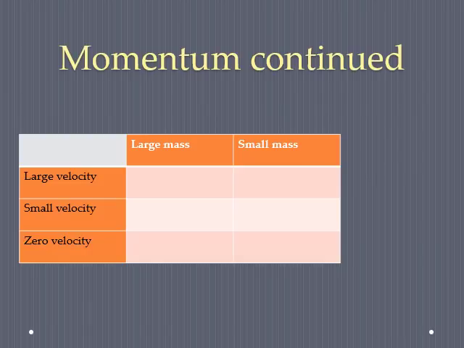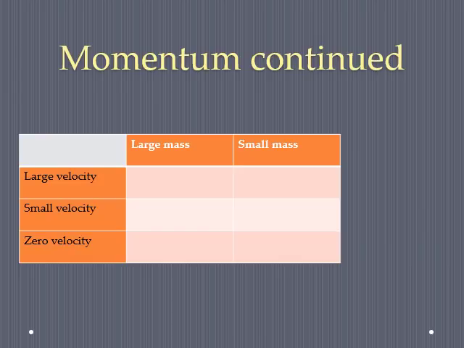Before we talk about how we use conservation of momentum in systems, I want to take a little bit of a second and talk about types of objects in the real world that we would see and how much momentum they have. So I made a table with mass on the column labels and velocities on the row labels.